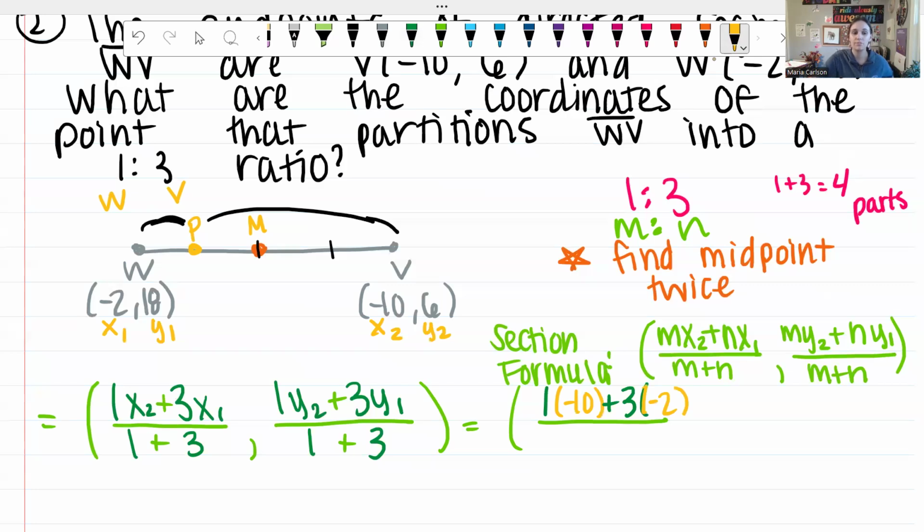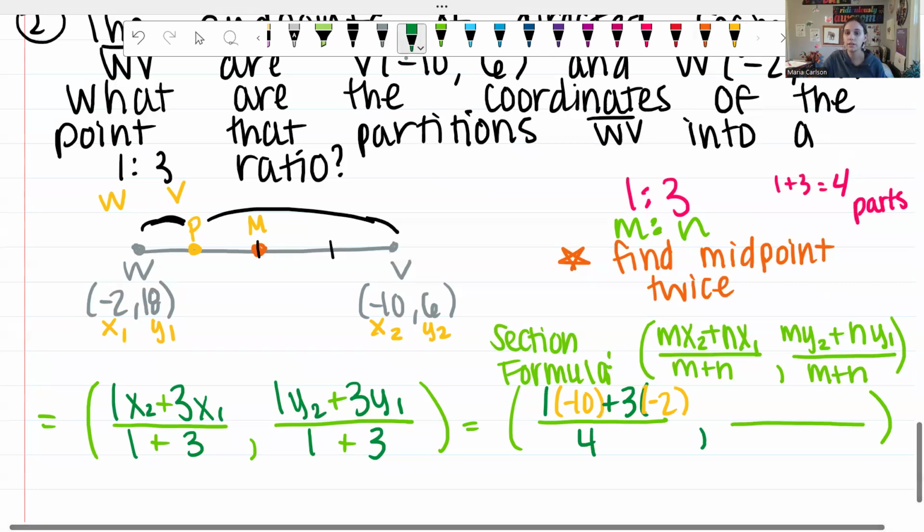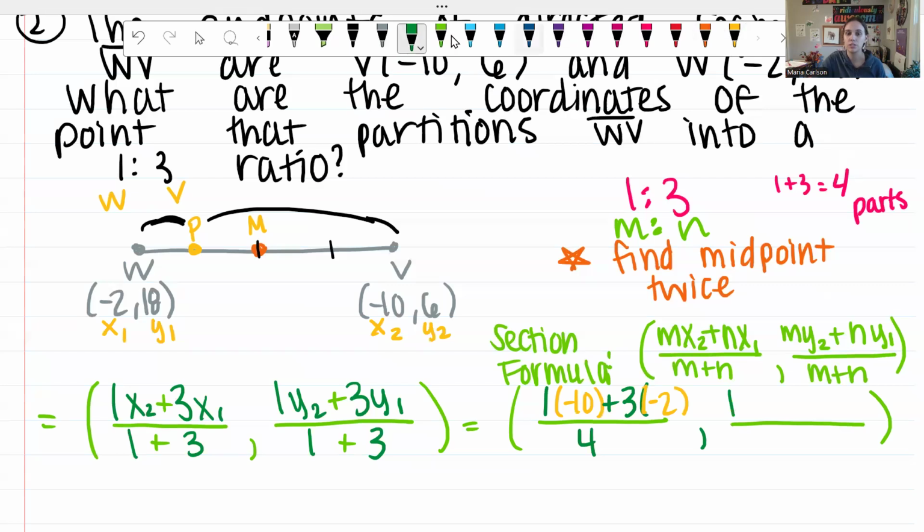And all of that will be divided by 1 plus 3, which is 4. And now I'll do the same thing for our y coordinate. I'll just substitute in the y2 and the y1. So I have 1 times our y2, which is 6, plus 3 times our y1, which is 18. And all of that will be divided by 1 plus 3, which is 4.